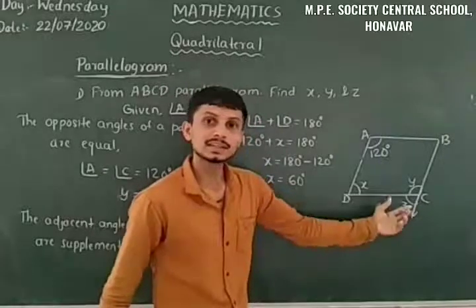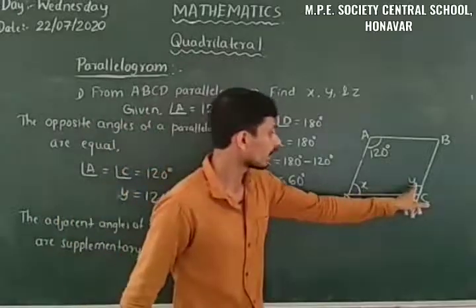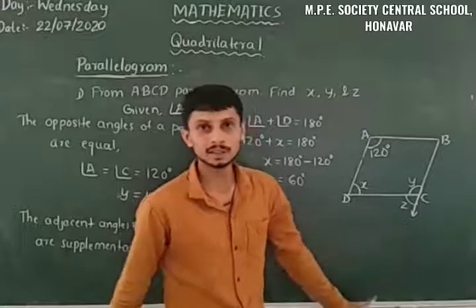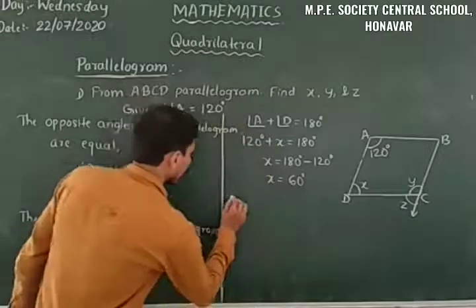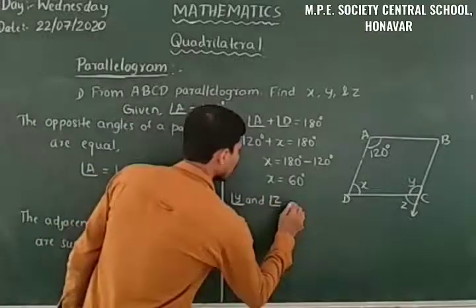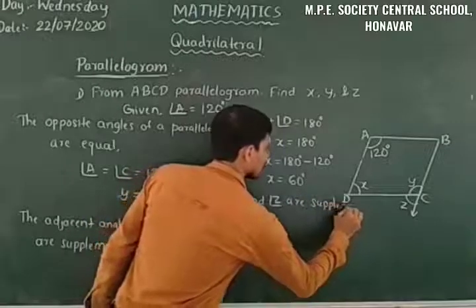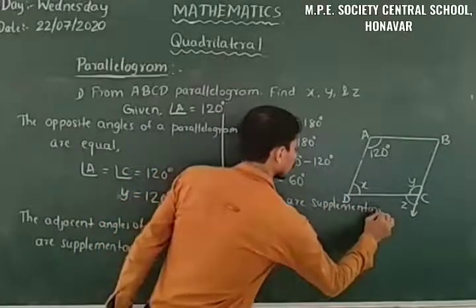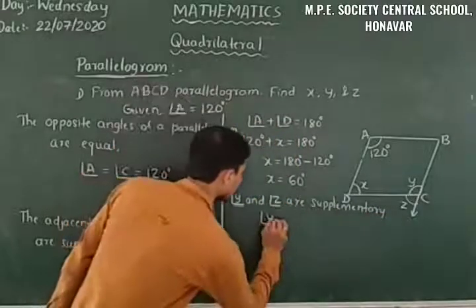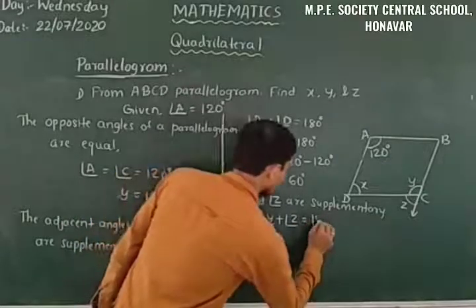That means it's a supplementary angle. Angle y and angle z are supplementary angles. Supplementary means the sum of those angles is 180 degrees. That means y plus z is equal to 180 degrees.